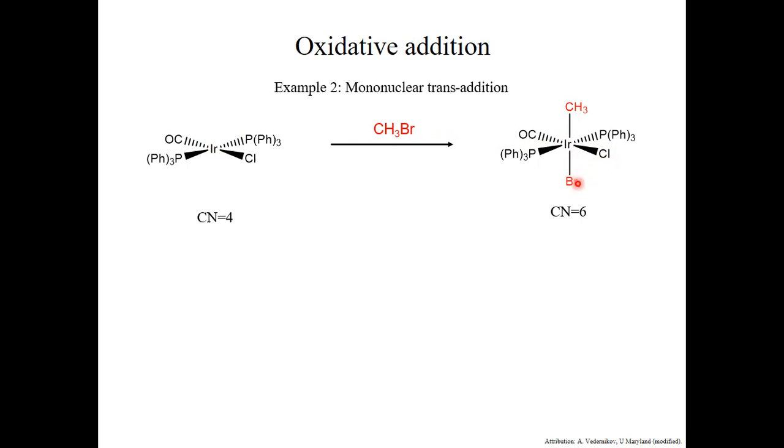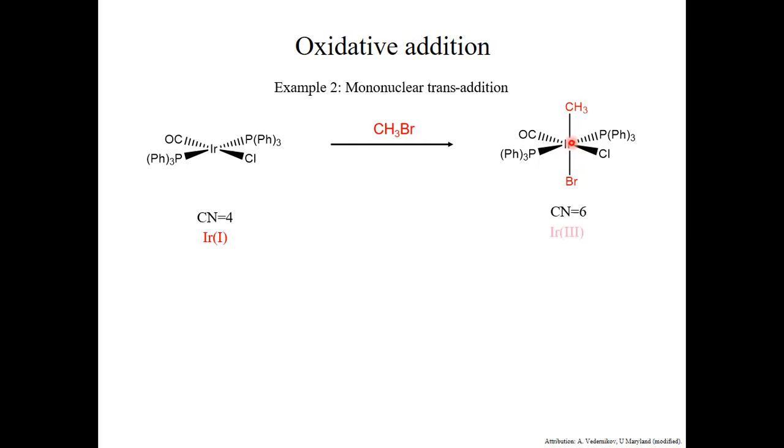The bromo ligand is an anionic ligand, and the methyl group is also an anionic ligand when we assign both the electrons here to the CH3 group. So overall, the complex is again neutral, and that means that the iridium must compensate the 3 negative charges fully, and therefore has a +3 charge.